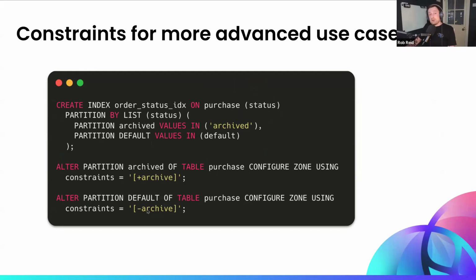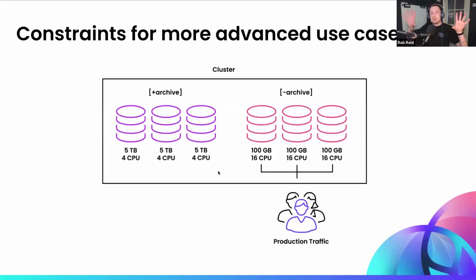And the reverse is true for rows without the archive attribute or constraint. So essentially, this allows you to maintain two separate sets of nodes, all within one logical database, but it allows you to provision nodes differently depending on what you want them to be used for. You might want to have high density storage on these nodes, maybe with slightly slower storage than you would on the hot live cluster of nodes.